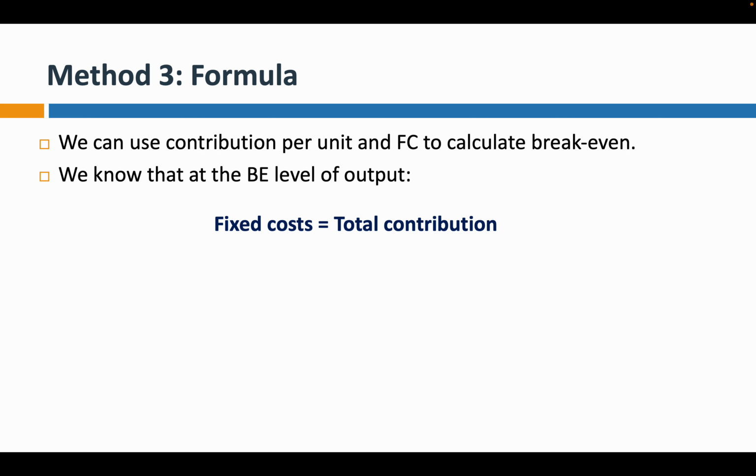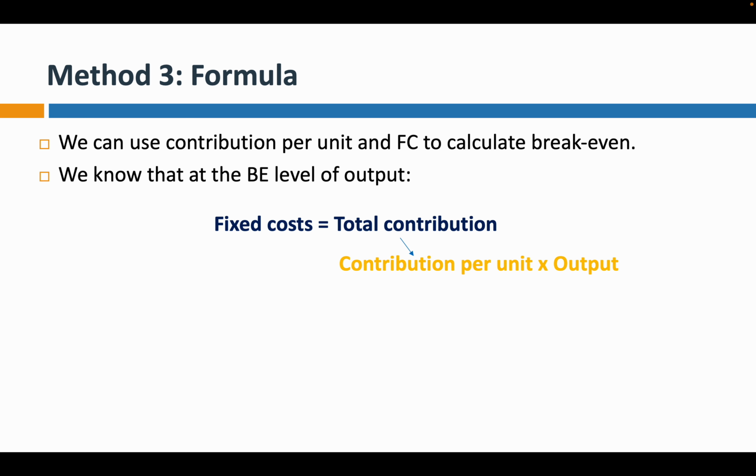And if we somehow break down total contribution, how do we calculate total contribution? We know that it's contribution per unit times output. So here we already have the output part. Now, if we rearrange the formula, we know the fixed costs equals contribution per unit times output. And we want to ask ourselves, what is the level of output that we need in order to cover the fixed costs?